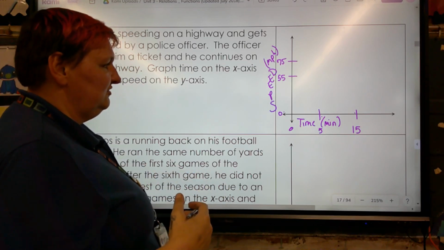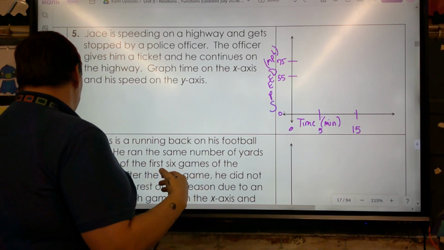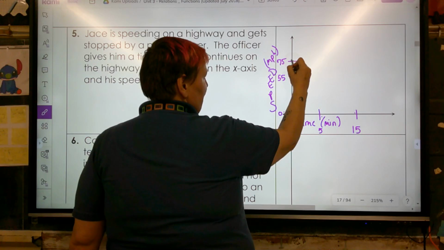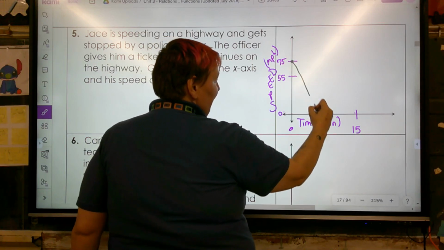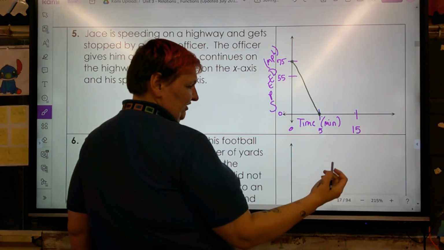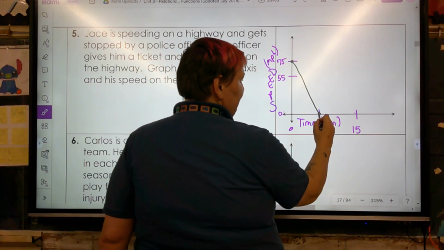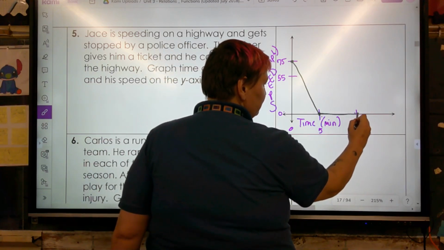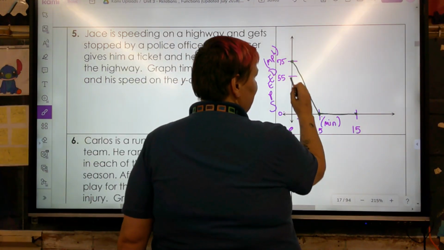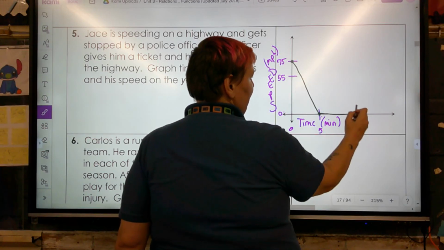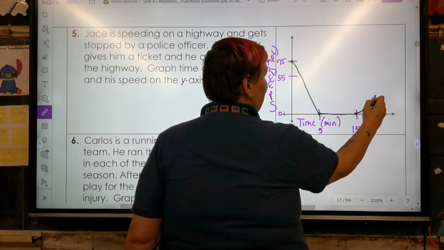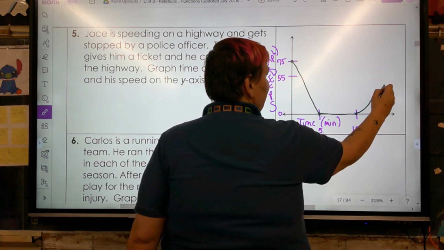Let's be logical. All right, and let's see if we can figure out how to graph this. So he started at 75 miles an hour. He stopped very quickly because a cop pulls you over and that's what you're supposed to do. And then he sat at 0 miles per hour for 10 minutes. And then after he got his ticket, he sped up slowly instead of going very fast, so that he didn't annoy the cop.